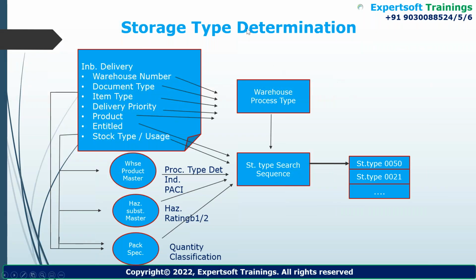We will see that also; this is just an overview and idea of what parameters the system will pick up from your delivery: warehouse number, document type, item type, delivery priority, product. Based on that, the system will take a product from your item and go to the product master, pick up that indicator, and all the details will go to that particular template, and the suitable storage type will come out as a result.